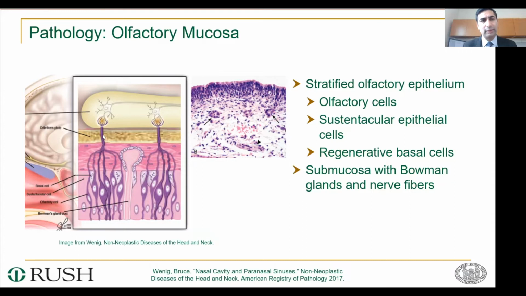Then these nerve fibers will traverse the cribriform plate foramina and will then synapse with second-order neurons within the olfactory bulb. Looking at this histologically, here you see the olfactory epithelium. You'll see the submucosa, again with these Bowman seromucinous glands, and you can even see a nerve fiber down below with this arrowhead here.